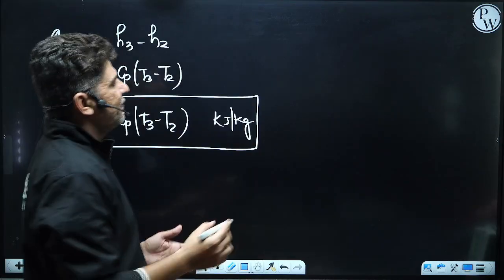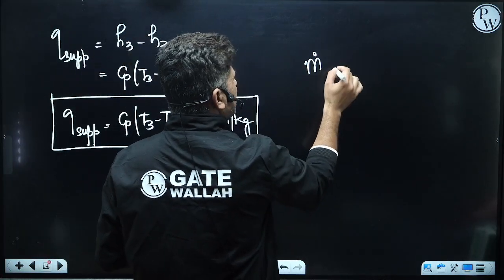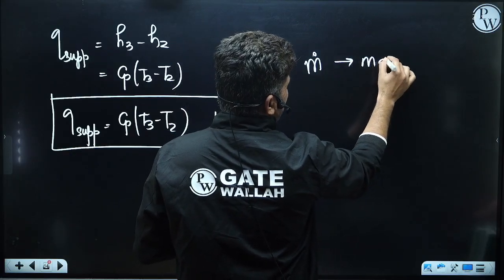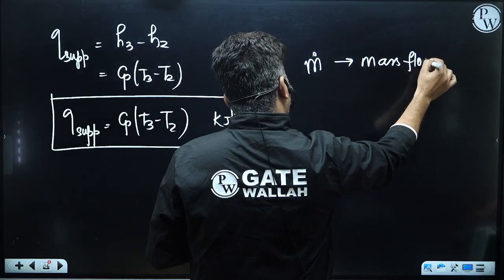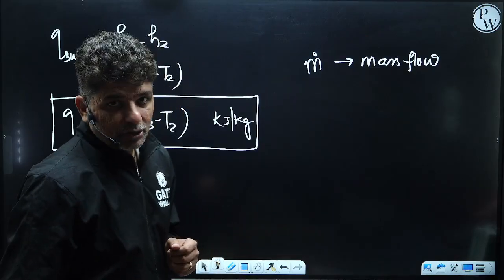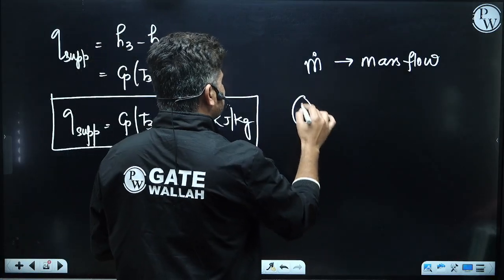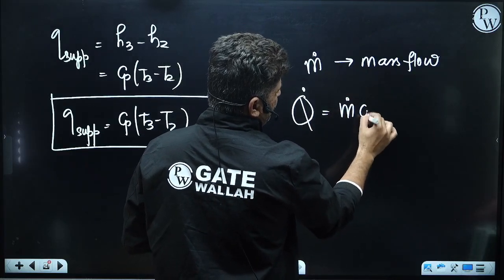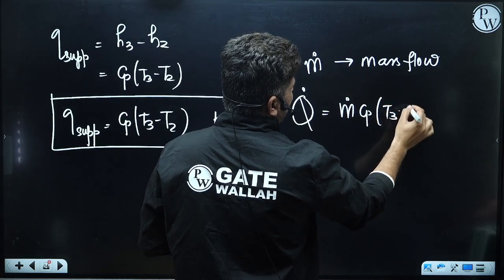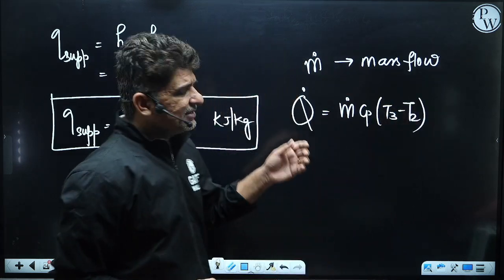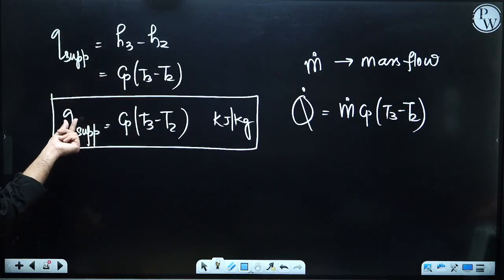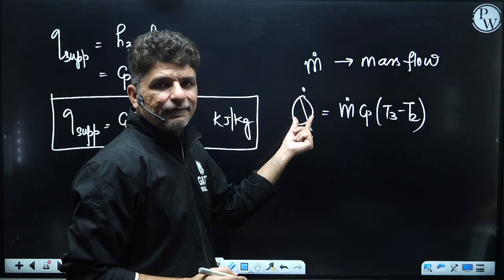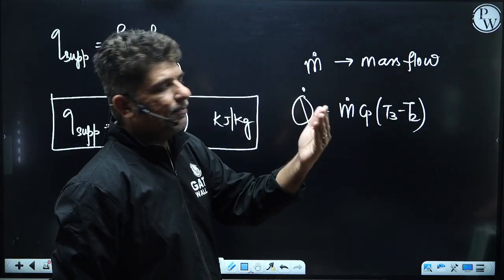And again, if m dot is the mass flow of the fluid through the cycle, then the net heat supply Q dot can be written as m dot into Cp into T3 minus T2. This we write as small q because it is per kg basis. Then we have Q dot, this is for the complete mass flow.